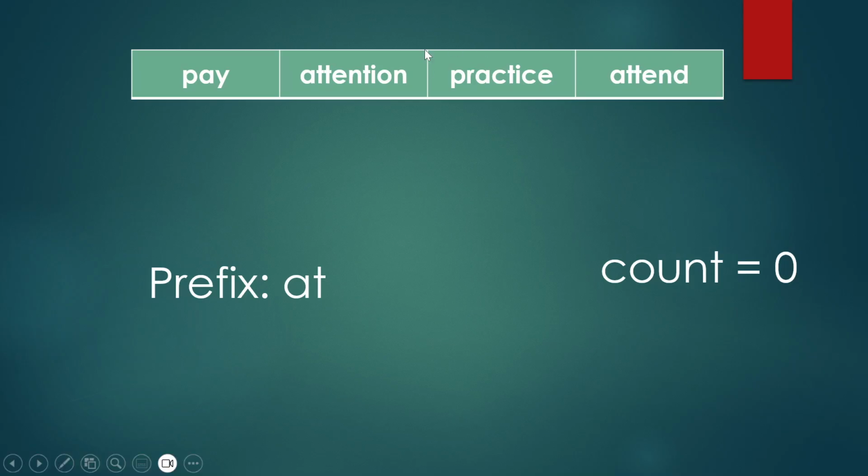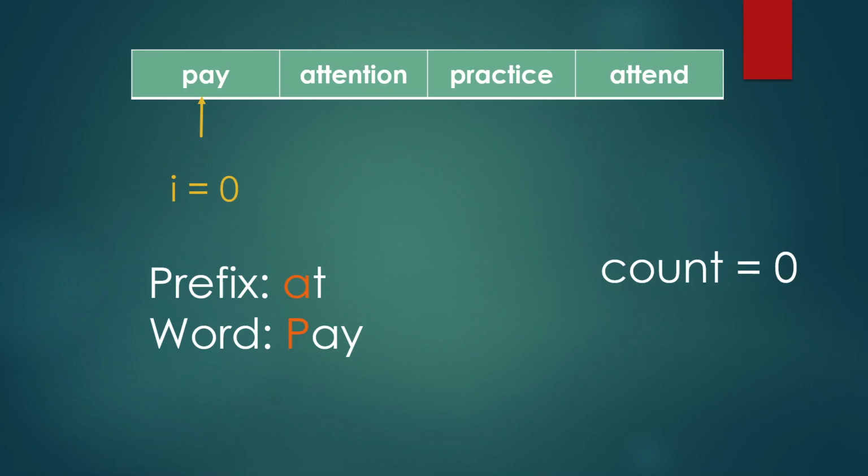Initially we have a list of words, and here we need a for loop which will start from 0 and go to n minus 1, the length of the list. For index 0 we have the word "pair", and we can compare it with the prefix.